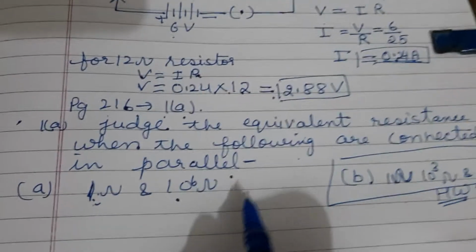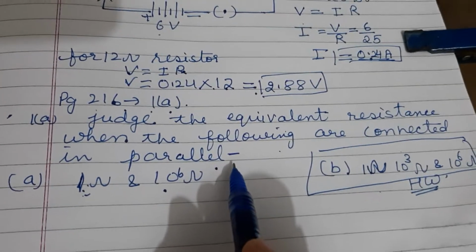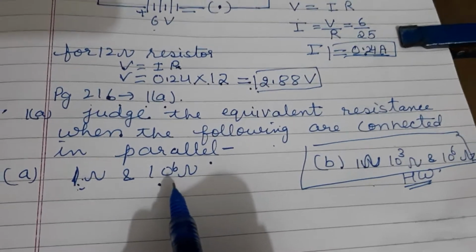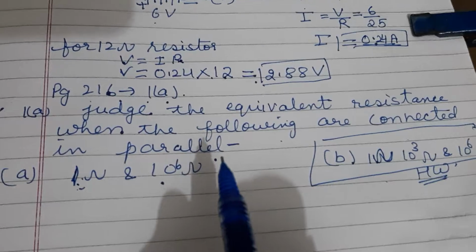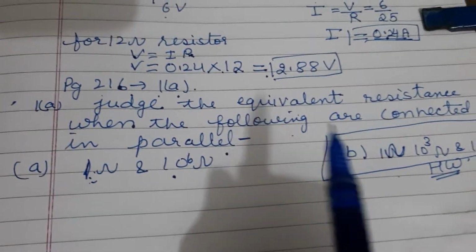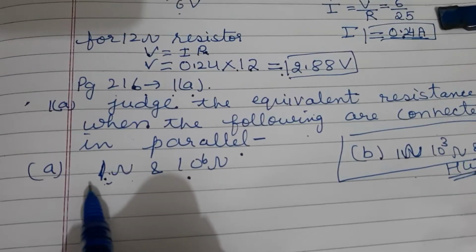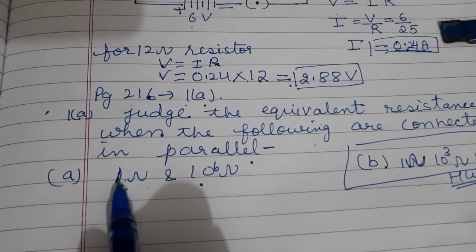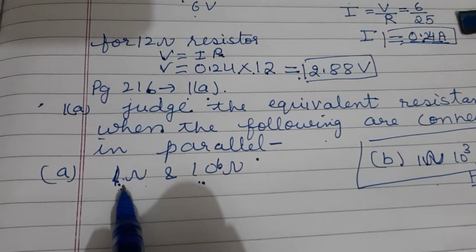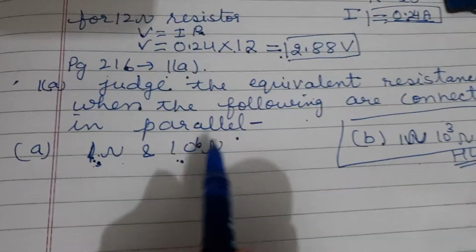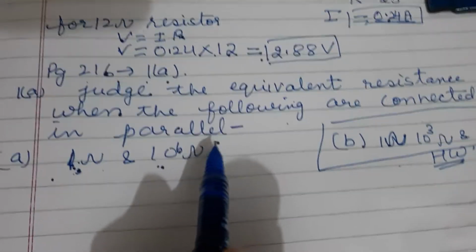Children, while teaching the derivation for parallel combination, I told you that in a parallel combination, the equivalent resistance is always less than the value of the smallest resistance. Now in this condition, 1 ohm and 10 raised to power 6 ohm. The smallest resistance is 1 ohm.